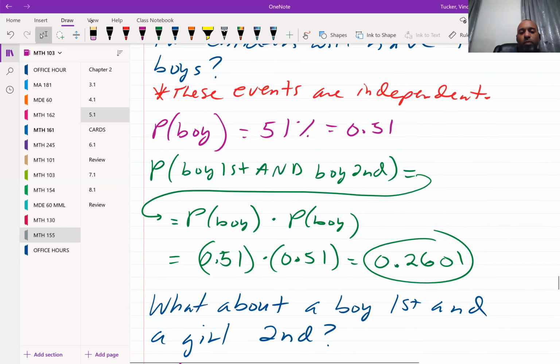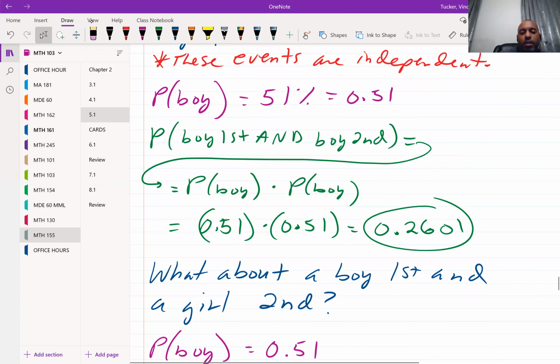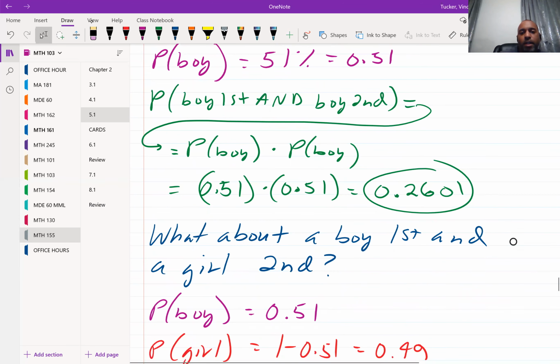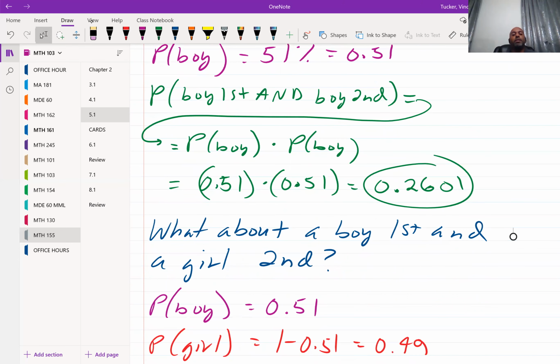All right. What about a boy first and a girl second? We already established that a boy is 51%, but then a girl is going to be 49%. Take that 1 minus 0.51.